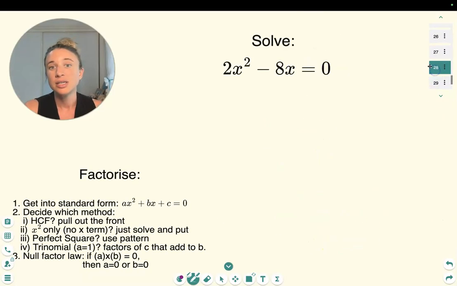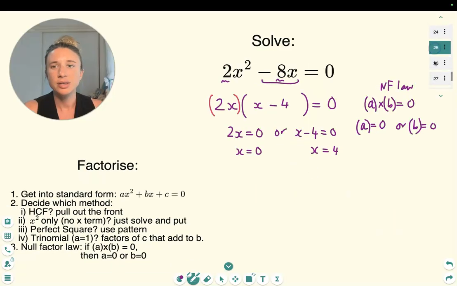Fun, right? Okay, this one, solving, okay? Always check you've got it in standard form as a first step when you're solving quadratics. So you want to move all the terms to the other side so that it equals 0. Then you're deciding which method. Okay, highest common factor, pull it out the front.